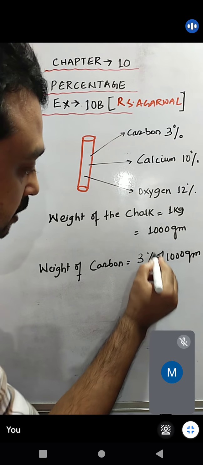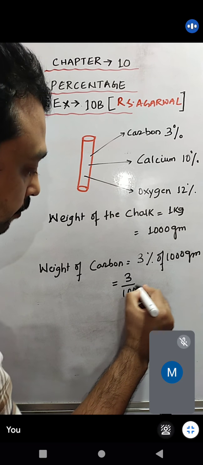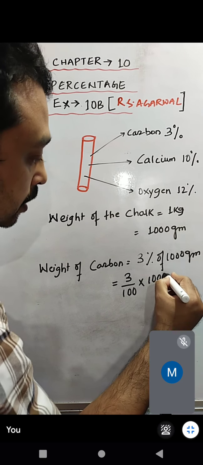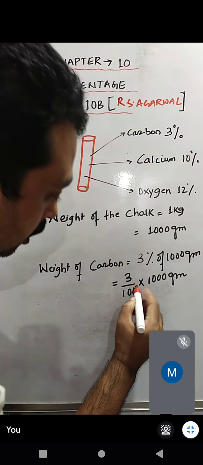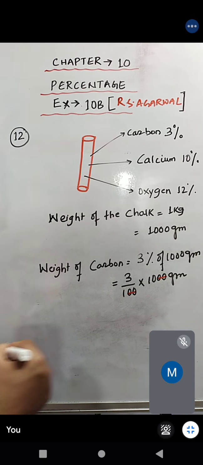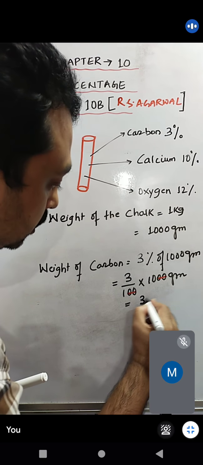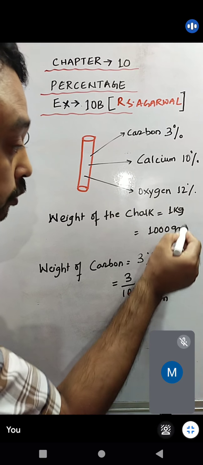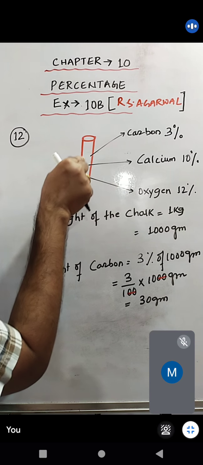We write 3% as 3 by 100 into 1000 grams. Now we'll reduce these two zeros. Multiplying 3 and 10, the answer is 30 gram. That is, out of 1000 gram, only 30 gram of carbon is present in the chalk.